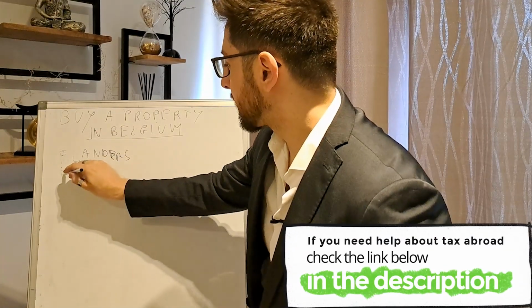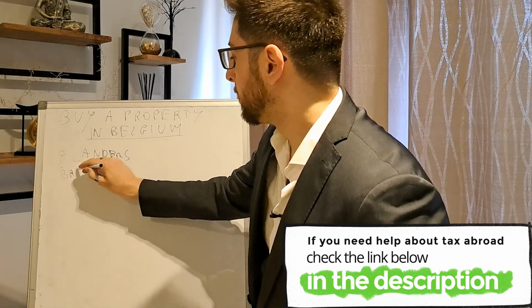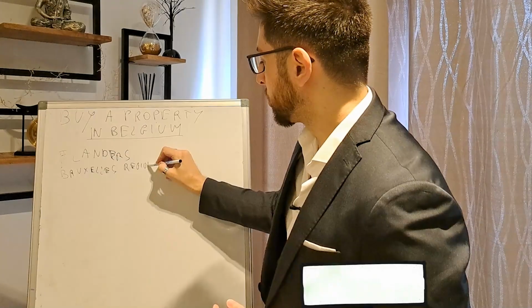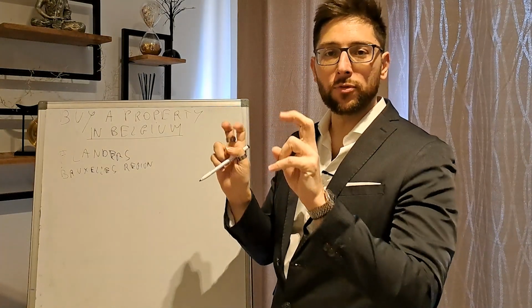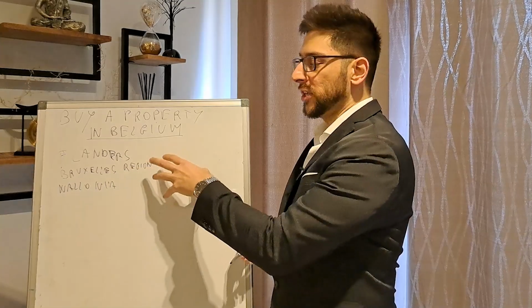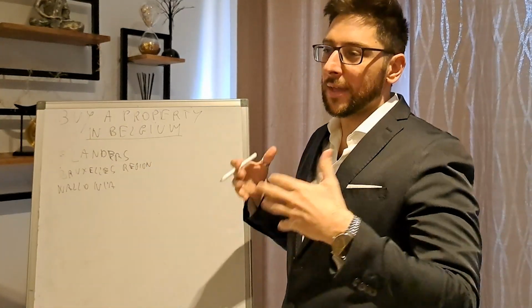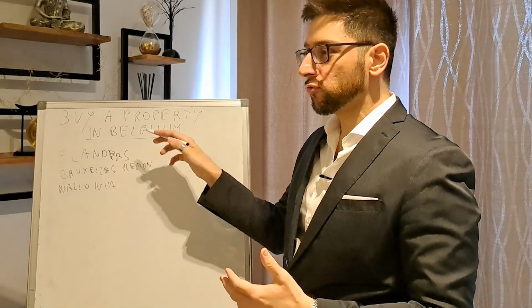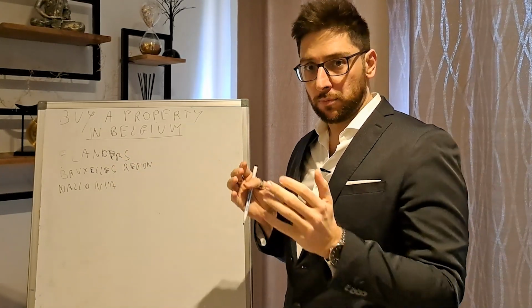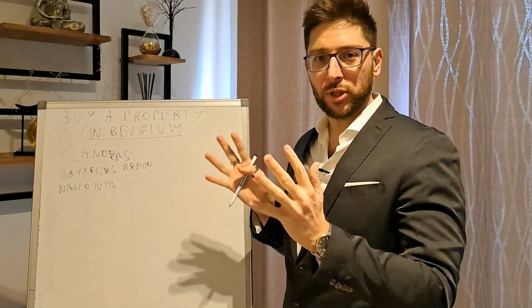Then we have Brussels, which is the capital, but from the juridical point of view, it's a region, also known as the Brussels Capital Region, and Wallonia. So we have these 3 regions. Belgium is composed of several regions, but those 3 regions also represent the linguistic communities. Almost, it doesn't match 100%.